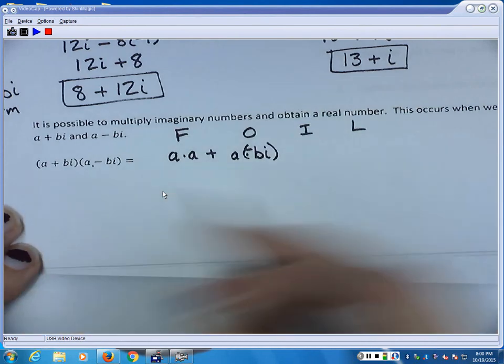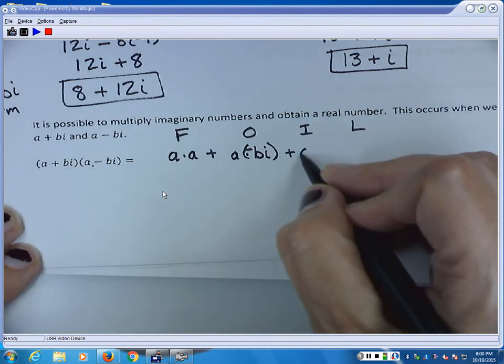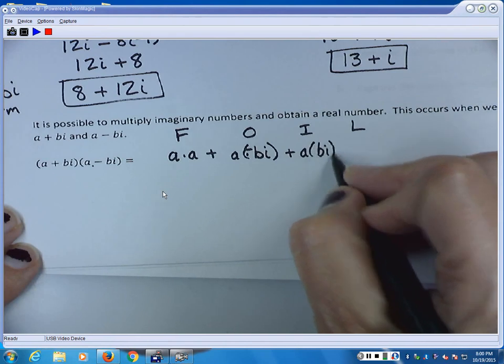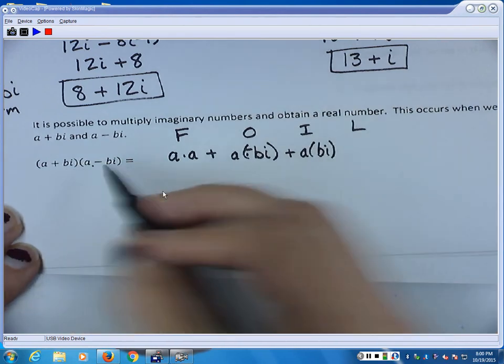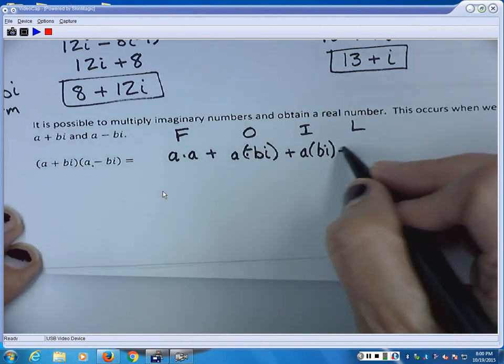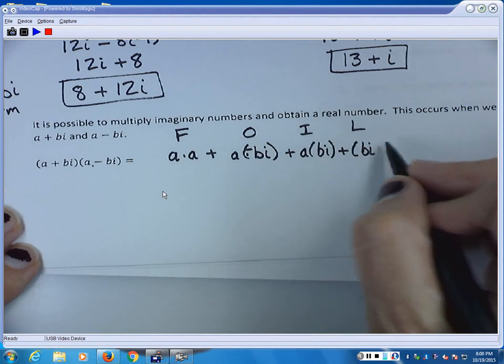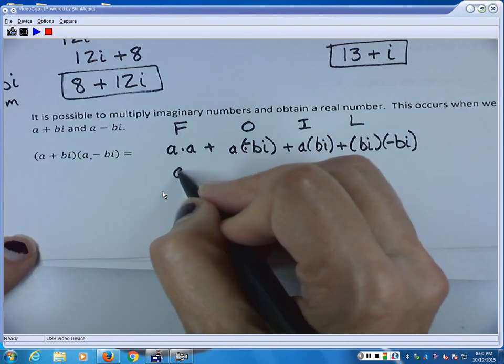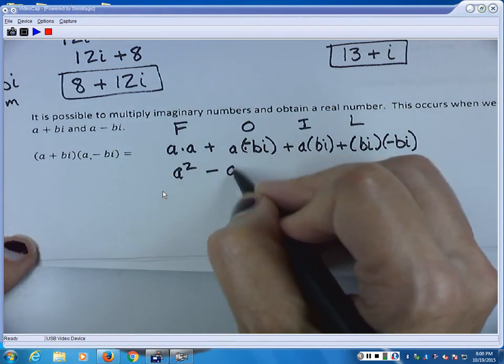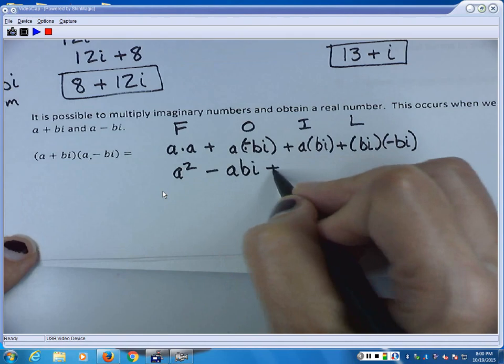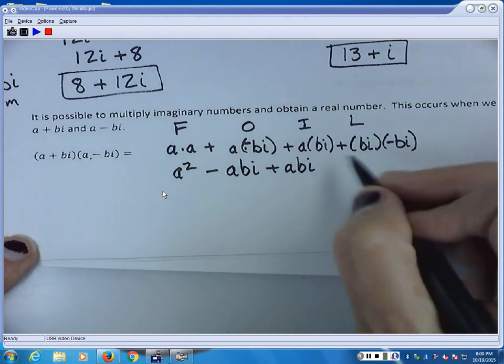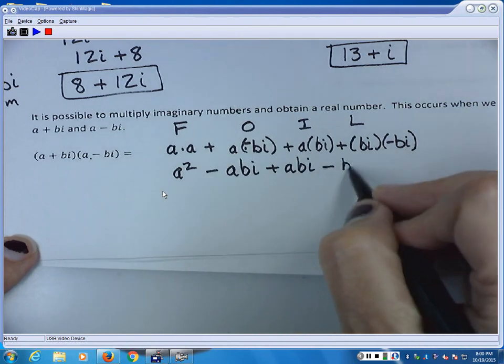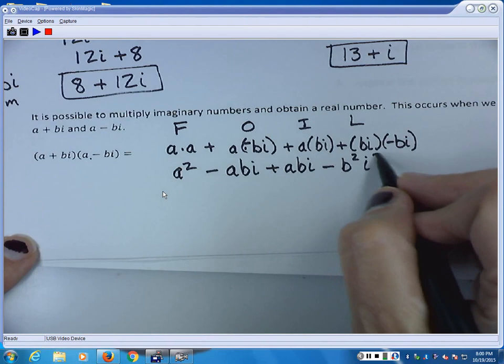The inner term, a times bi. And the last term is bi times negative bi. So it's a squared minus abi plus abi minus b squared i squared.